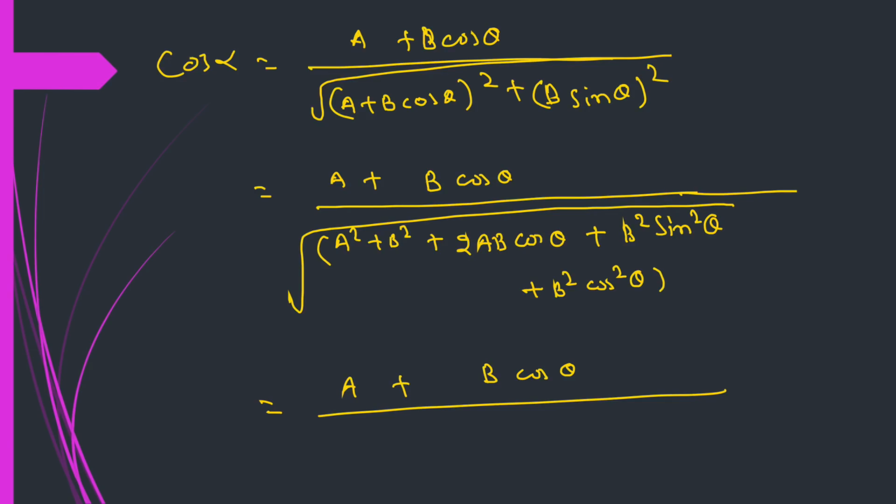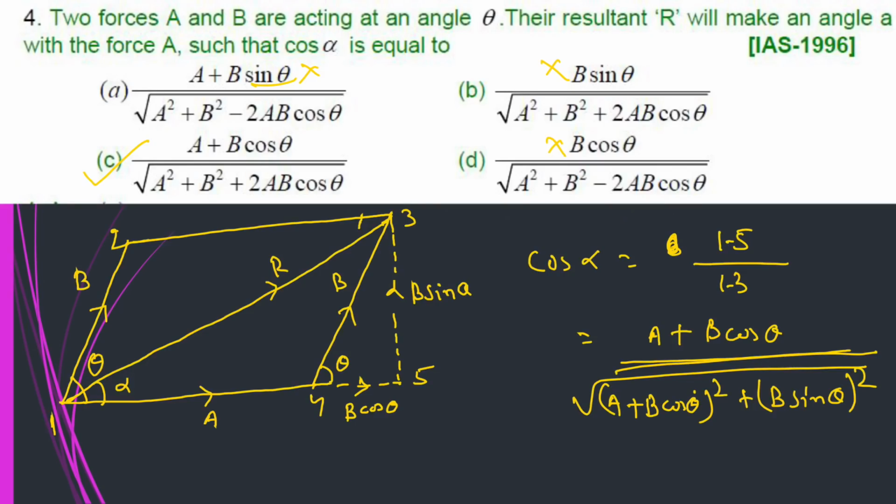B square you have to take common, and you will get 1 from sin square theta plus cos square theta. Finally, you will get A square plus B square plus 2AB cos theta. You can cross check your answer. A plus B cos theta divided by root of A square plus B square plus 2AB cos theta. C is your answer.